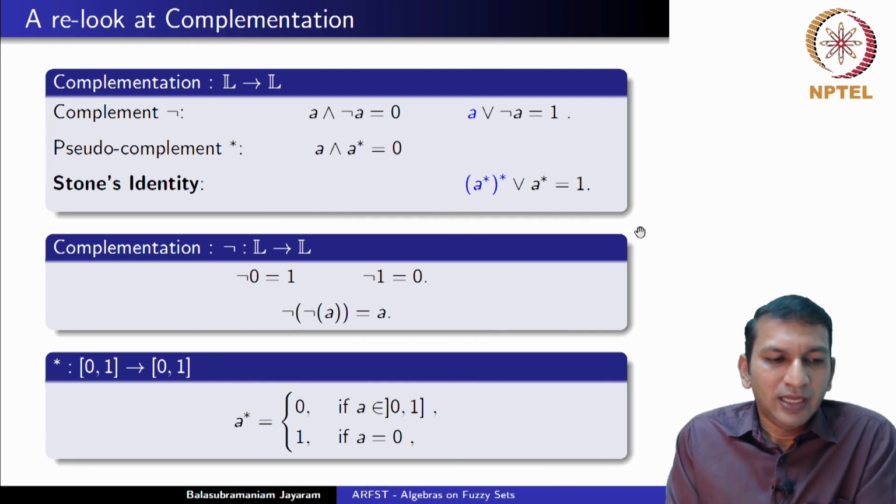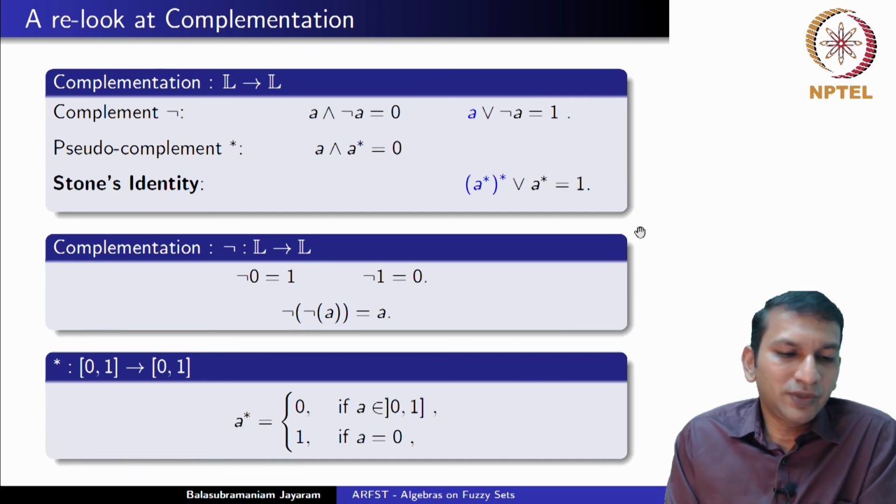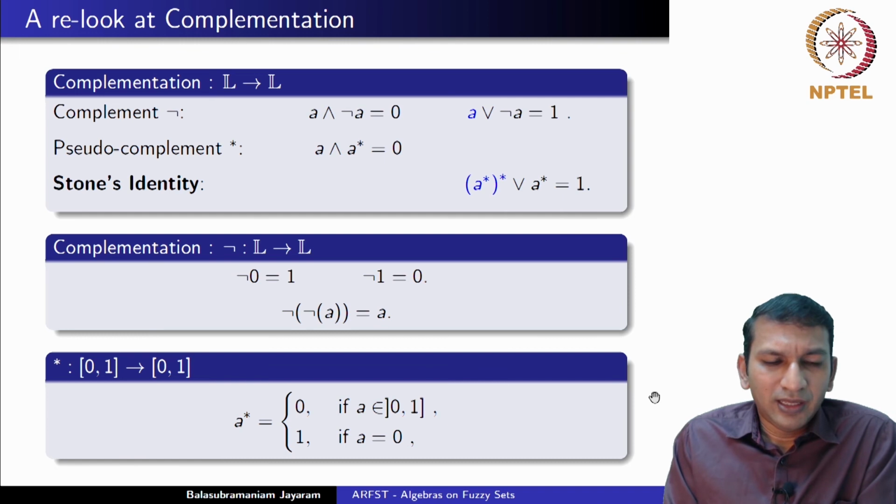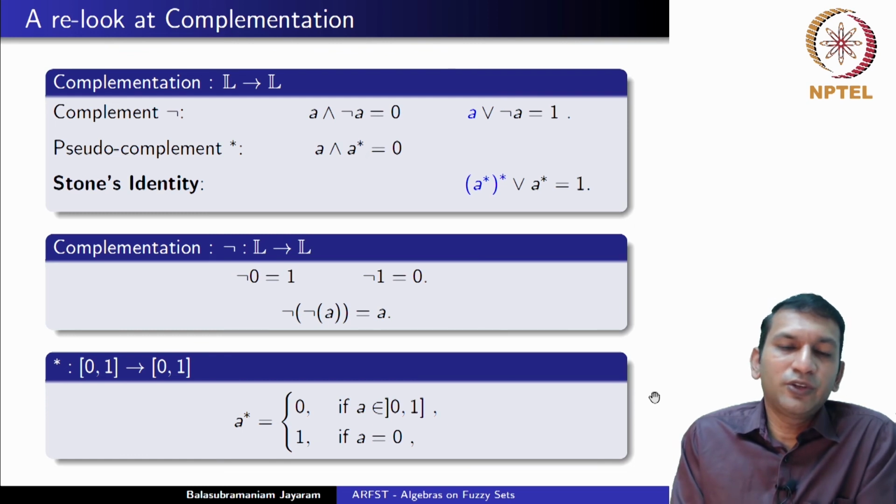Now, since the L is fixed as 0, 1, the complementation function can be looked at as a unary function from 0, 1 to 0, 1. We have seen that A star is a pseudo complement. Now, this does not enjoy the property that A double star is A. Why not consider introducing another function which may enjoy this involutive property?